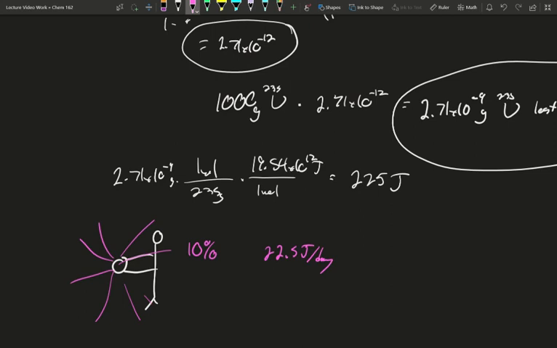That energy's spread out over your body. Yeah, if you're actually holding it, it's probably way more in your hands, but let's say you're standing next to it and it's fairly uniform. Well, if you've got a 100 kilogram person, then that's 0.225 joules per kilogram per day. How dangerous is that?